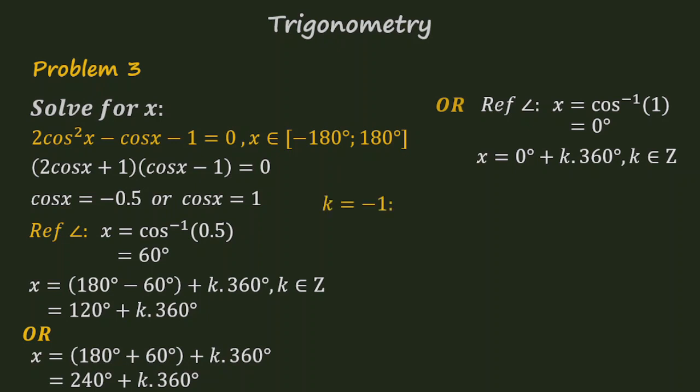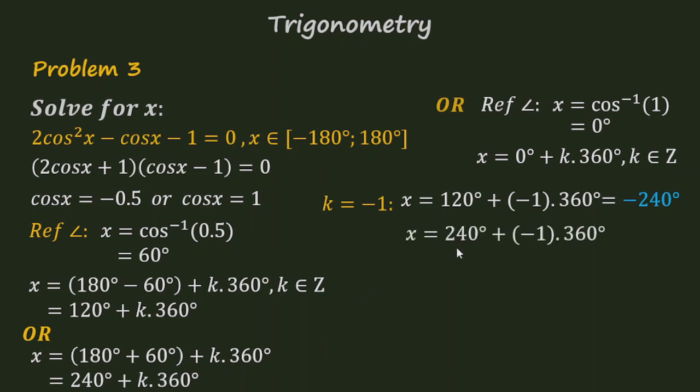Let's start with k equals -1. We substitute k equals -1 in this general solution, and that general solution, and that general solution, and see what we get. When we substitute it in this, our answer is minus 240 degrees. Minus 240 degrees is outside this interval, so it cannot be part of the solution.